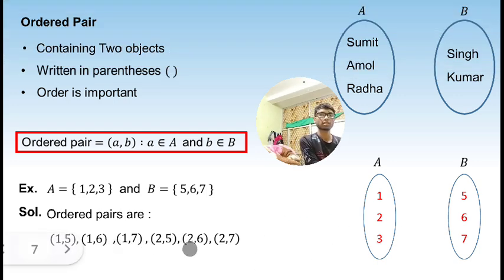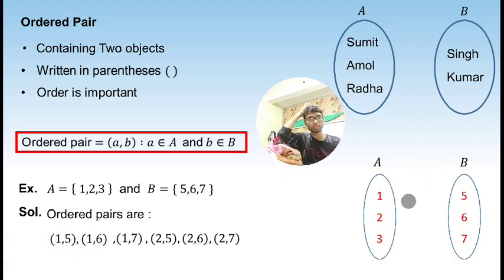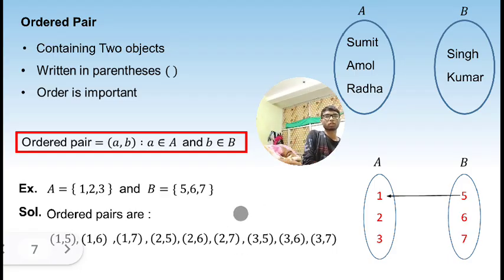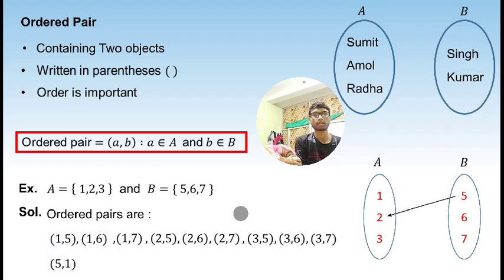We got these ordered pairs just by relating one set to the other set. There can be more. Here (1, 5), then (2, 5), then (3, 5), then we are finding all ordered pairs of these two sets.